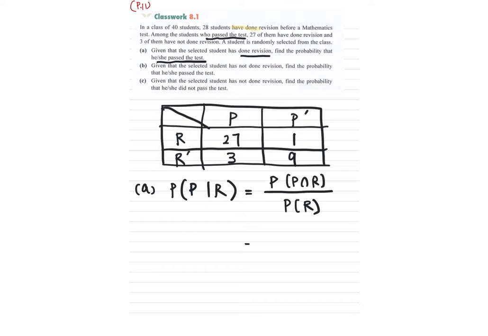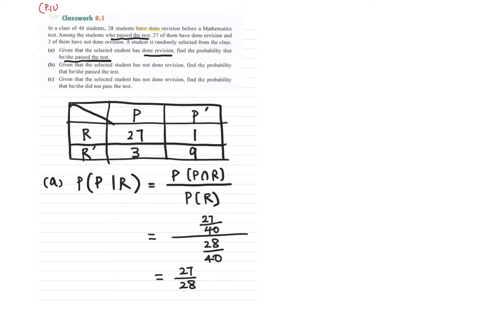In general, the altogether possible outcome is 40, and then done the revision is 28 over 40, and pass and revision is 27 over 40 as well. So in this case, it's actually 27 over 28.